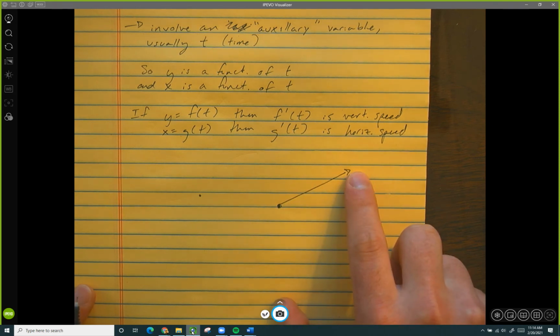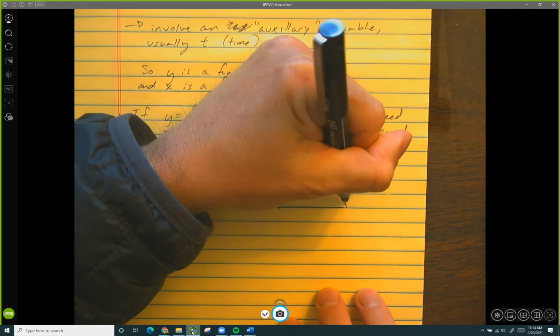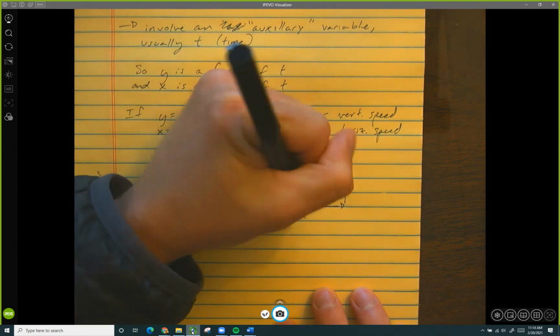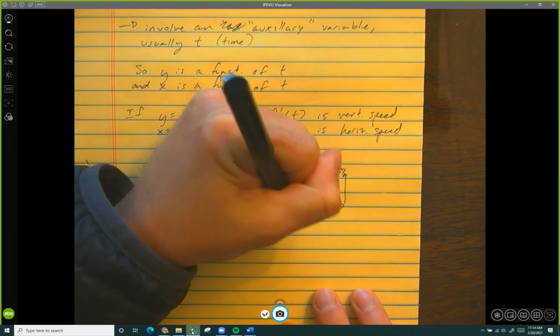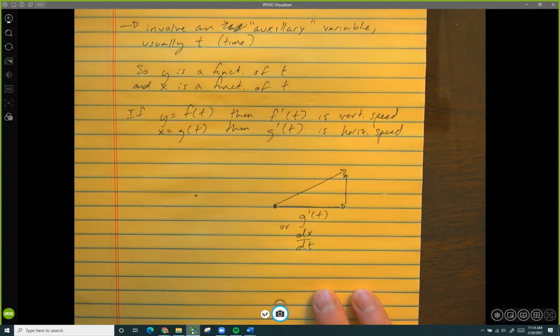Anything that has diagonal speed can have its speeds analyzed with its horizontal and vertical components separate, and that combination creates the actual speed. You'll have horizontal and vertical speed, but together they make this actual speed. So you can draw that and that, and we would say this is g prime of t, or maybe we could just call it dx/dt.